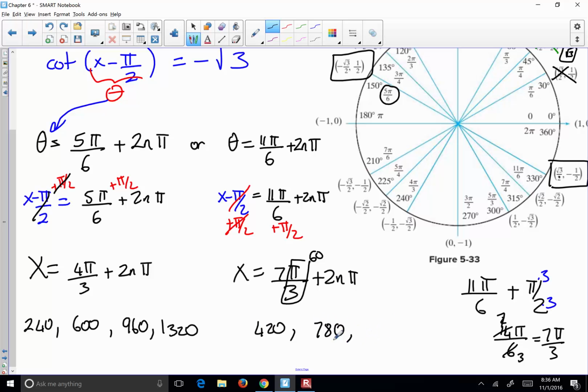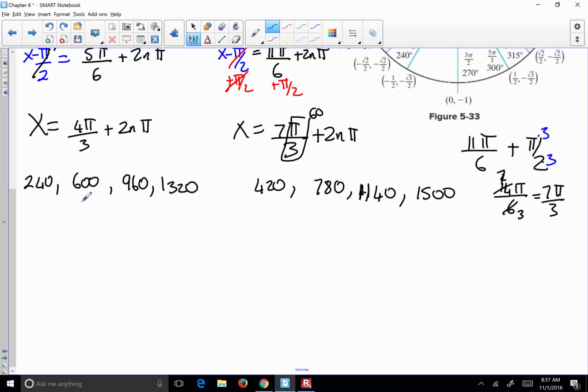I add another 360 to this, and I get 1140. Add another 360, you get 1500. Now I combine these solutions and order them in ascending order.